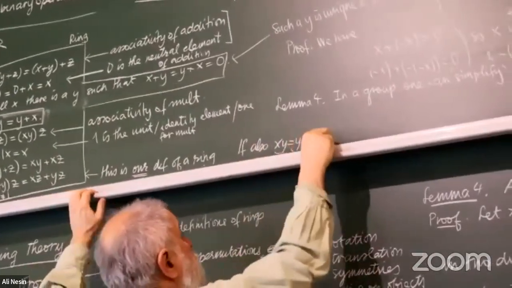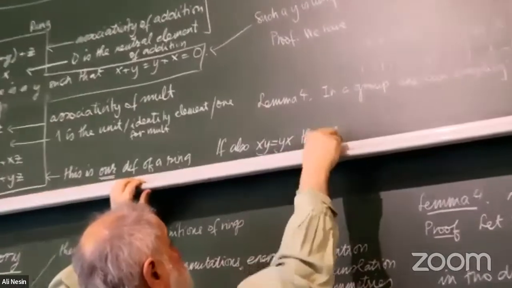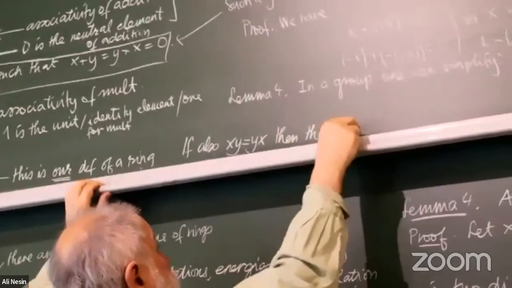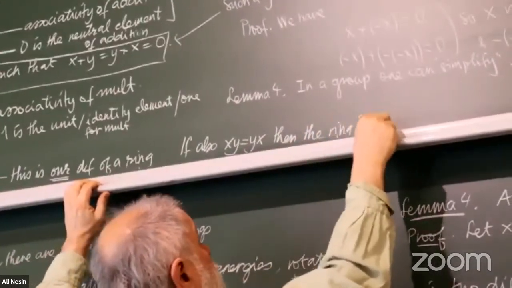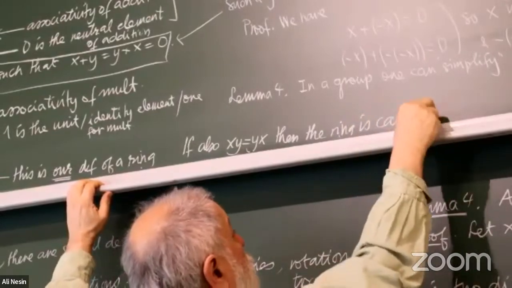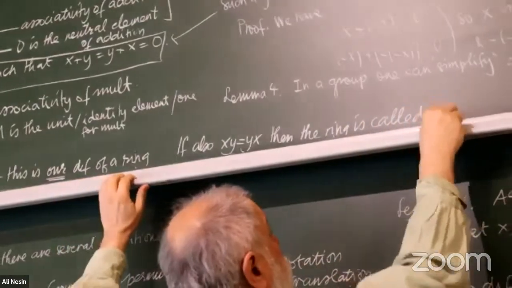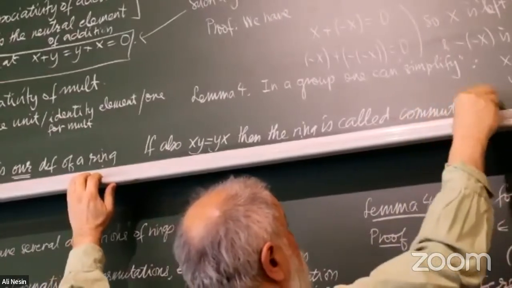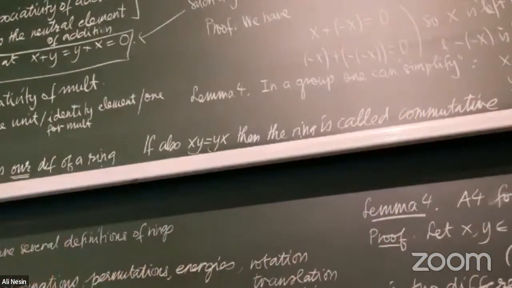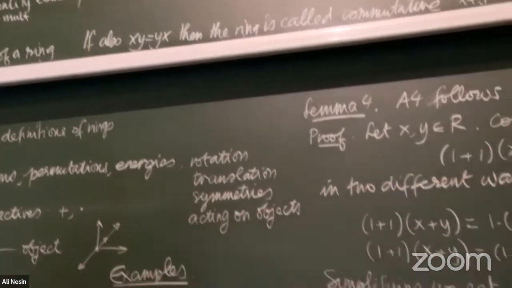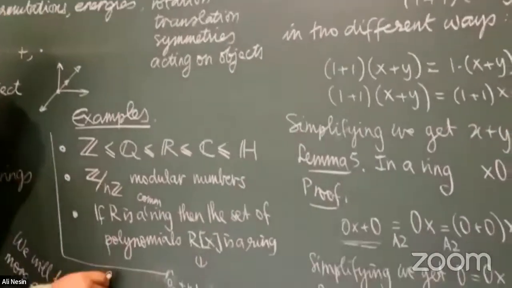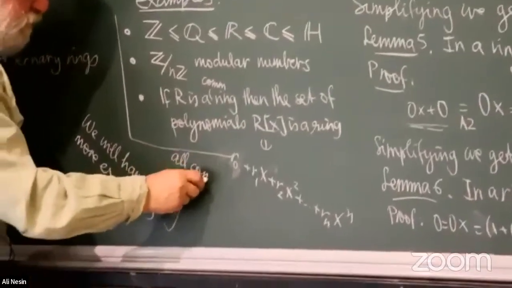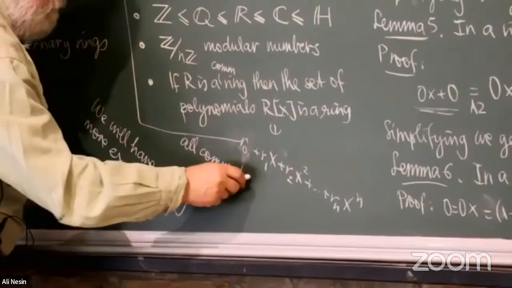Then the ring is called commutative. You see, these rings are all commutative rings.